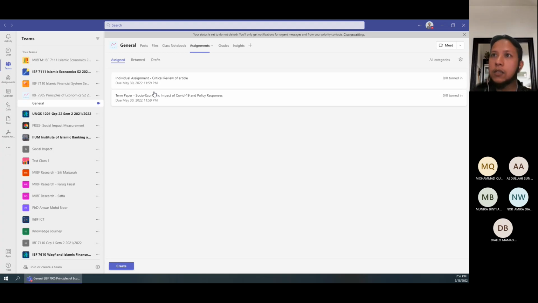These 2 will be due at the same time, so start one and finish it immediately, then focus on the other. It's not far away, less than 2 weeks. Today is already the 18th, so you have around 11 or 12 days to submit this.